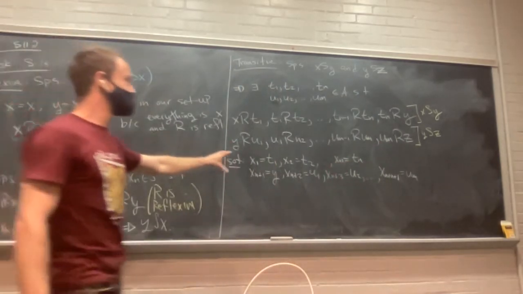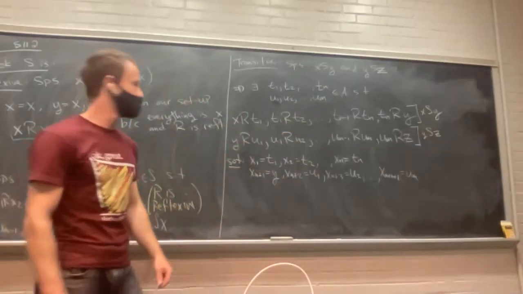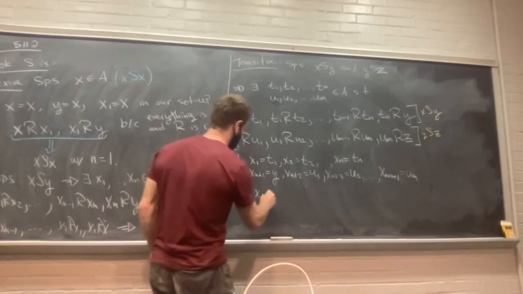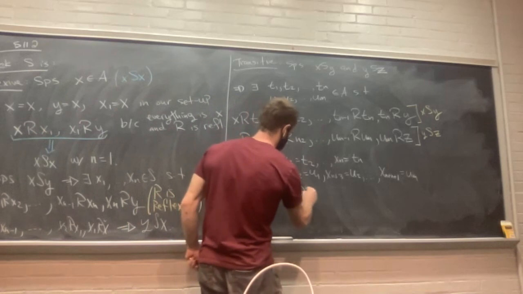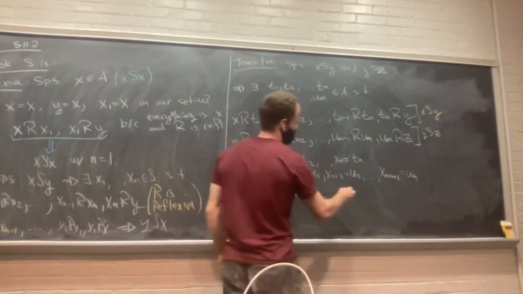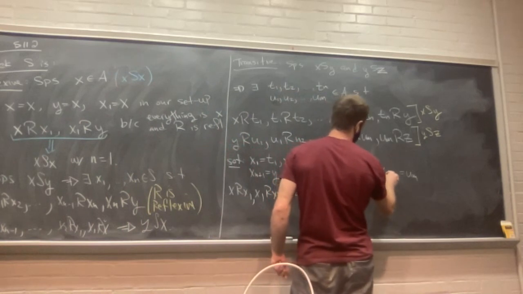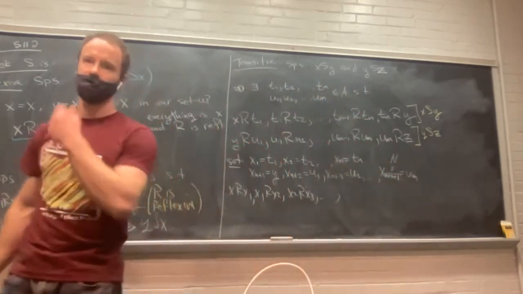But now notice with this new notation and just concatenating these lists together, we have x is related to x1, x1 is related to x2, x2 is related to x3, all the way up to, maybe we could call this capital N just to make it look nicer.